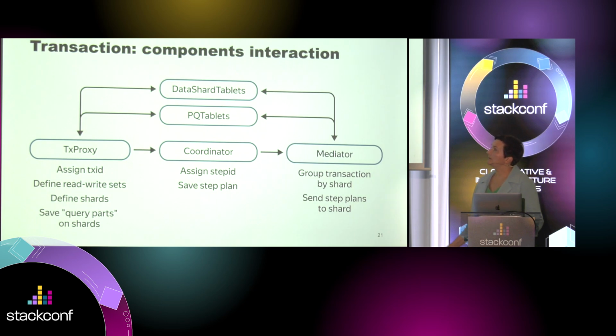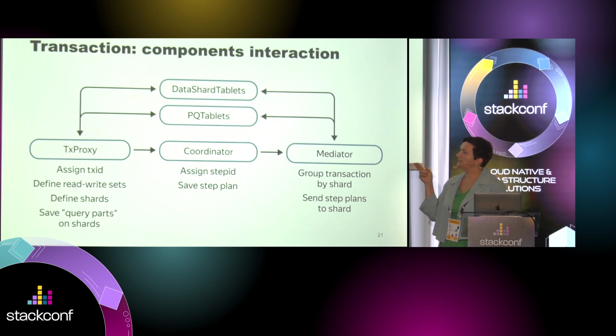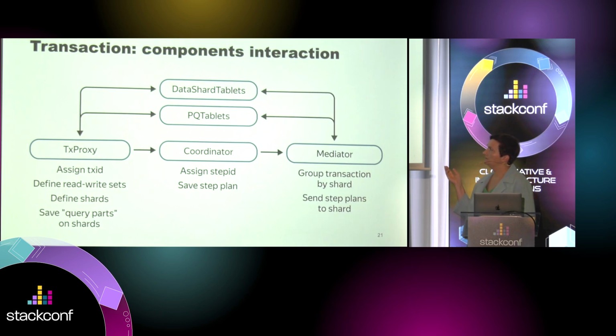Here we have a scheme. This is a simplified scheme, but it's not so simple. How YDB components interact during the transaction. So TX proxy, the main component, assigns the global TX ID for transactions, and defines read-write sets of the query of the transaction. Then TX proxy defines shards which are involved in the transaction, and saves query parts on shards.